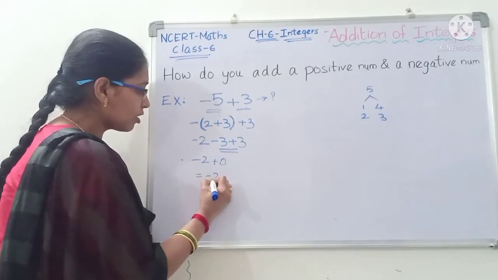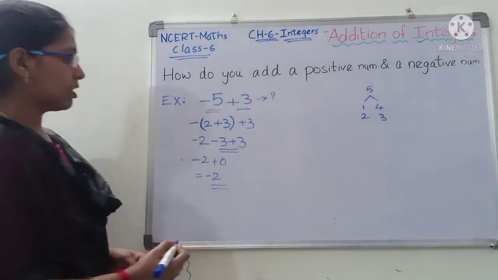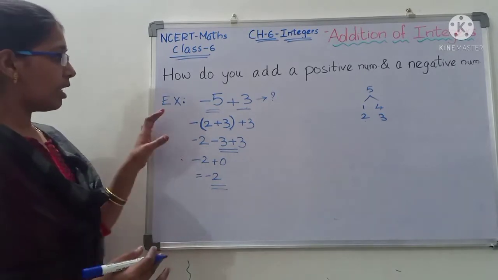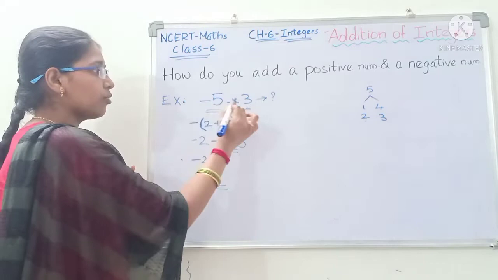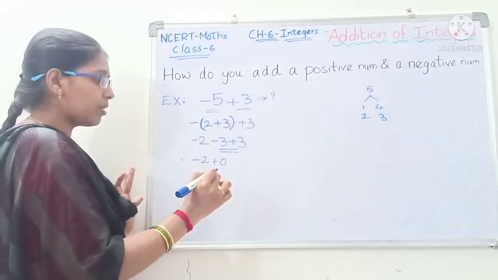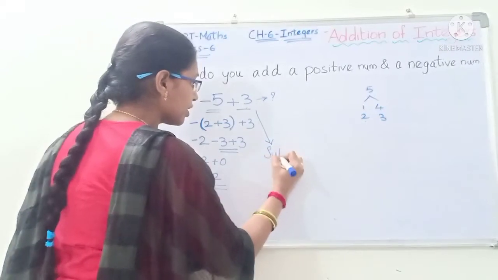So what answer did you get, children? You got minus 2 plus 0, that is minus 2. See, let's solve this in simple steps. If there is one negative number and one positive number, what we just did is subtraction.